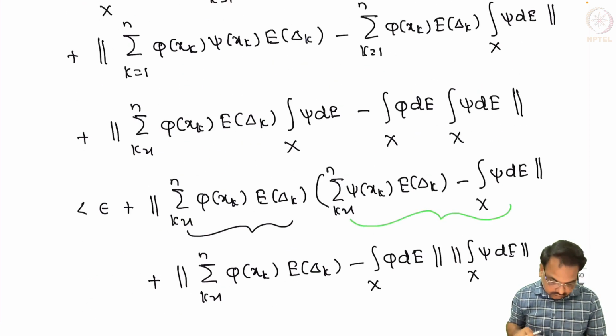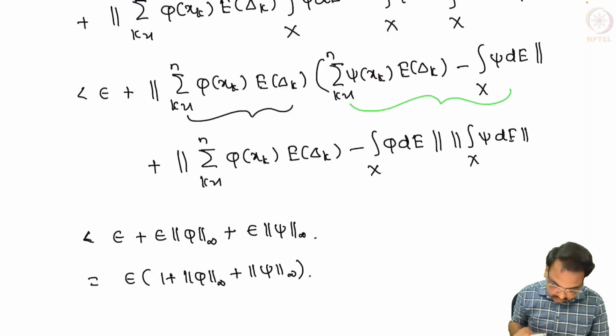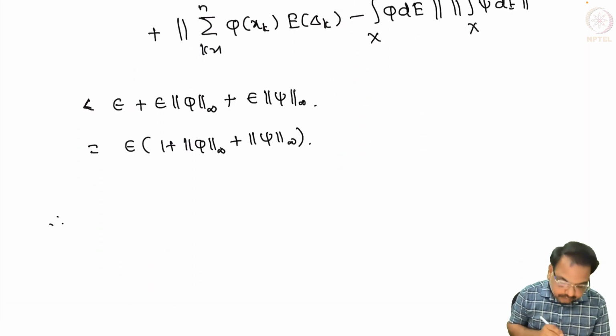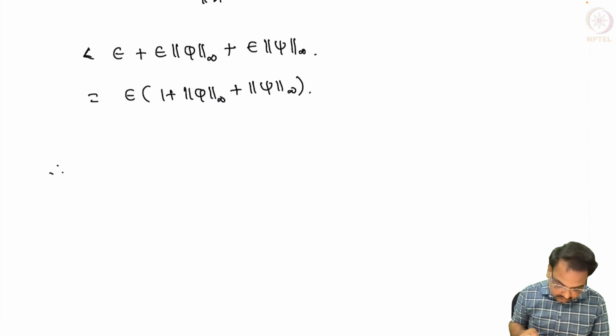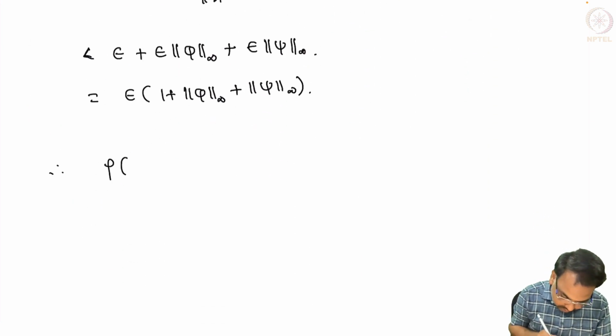Now this is true for every epsilon, hence we can conclude that the integration over X of phi psi dE equals the integral over X of phi dE times the integral over X of psi dE. That means we can say that rho(phi psi) is rho(phi) into rho(psi).